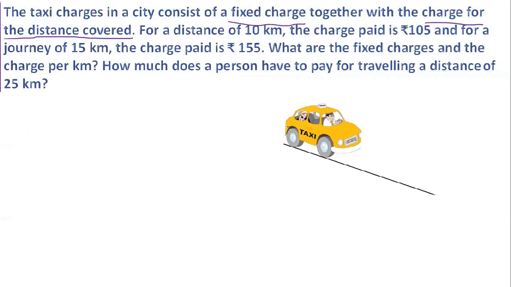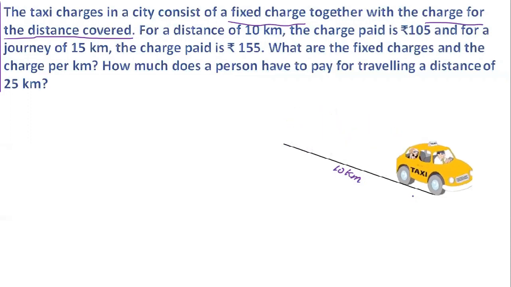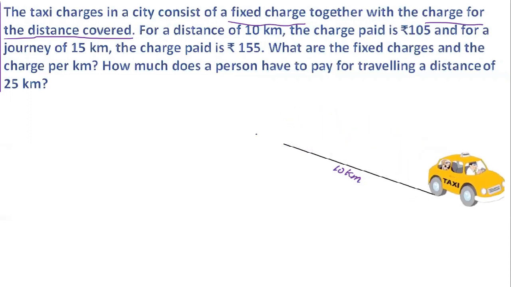Now, for a distance of 10 kilometer, if you travel a distance of 10 kilometer, the charge paid is 105. This charge paid 105 includes both fixed charge and charge for 10 kilometer.